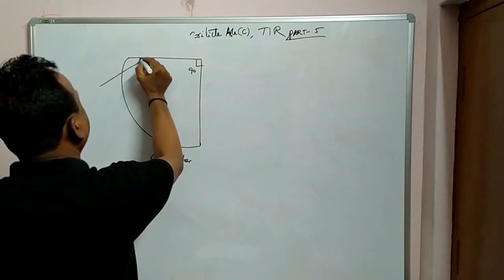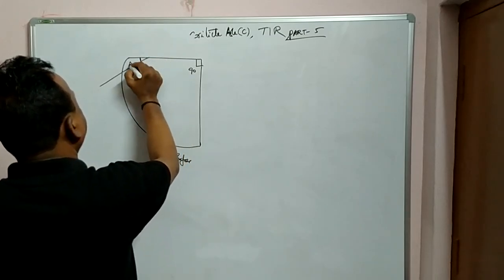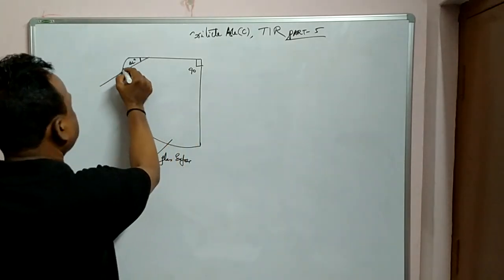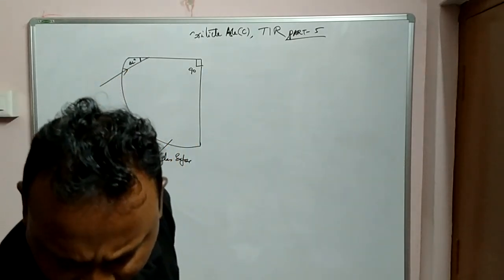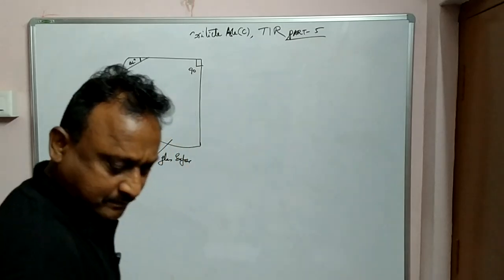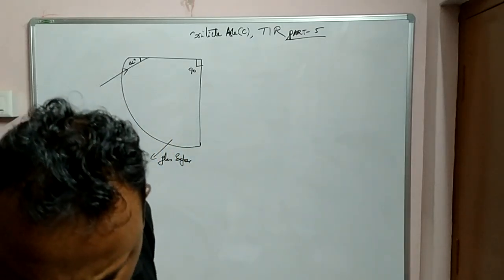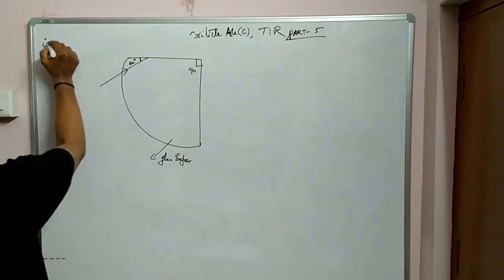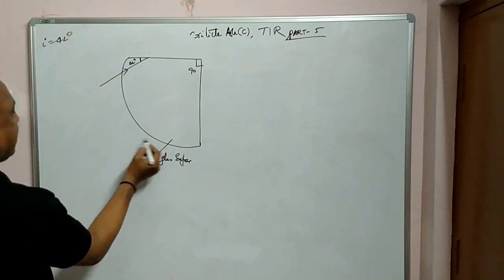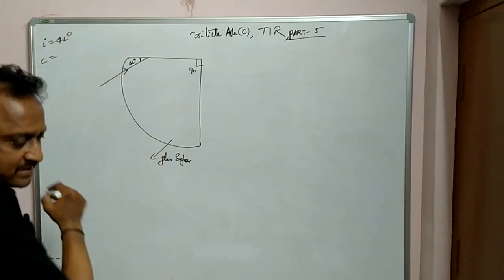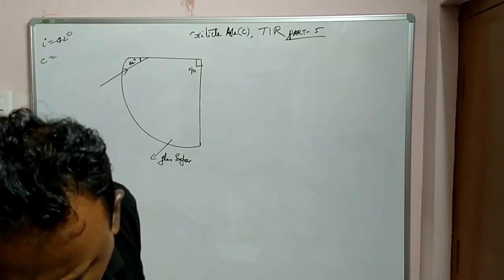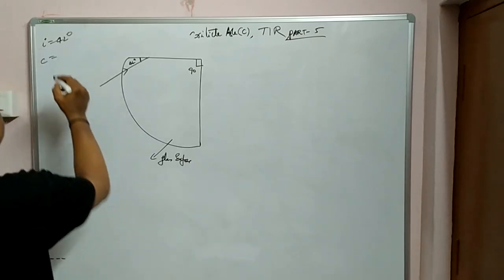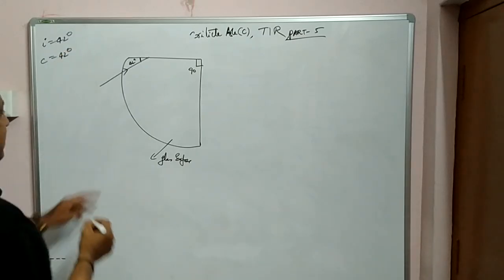Let it be given as 42 degrees. This is a glass type material, and the angle of incidence is given as 42 degrees. I is given as 42 initially. And the critical angle in this case is also given as 42 degrees.